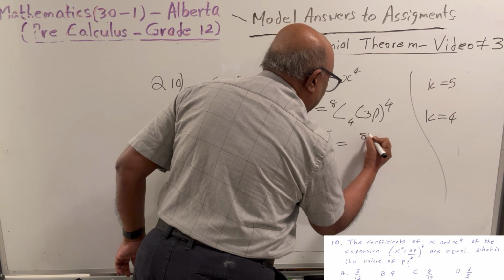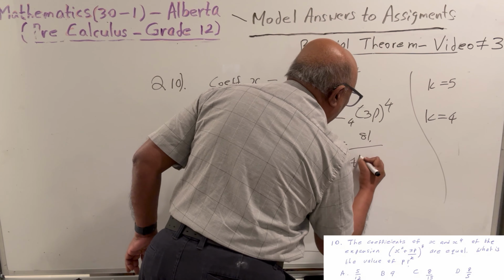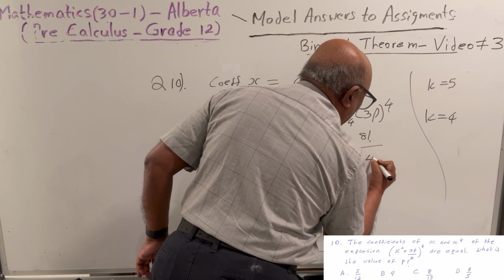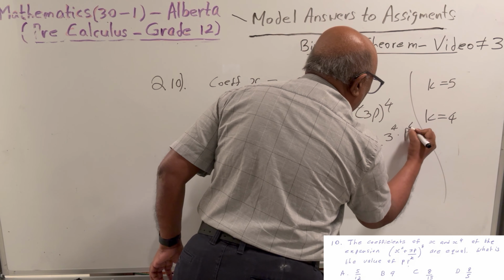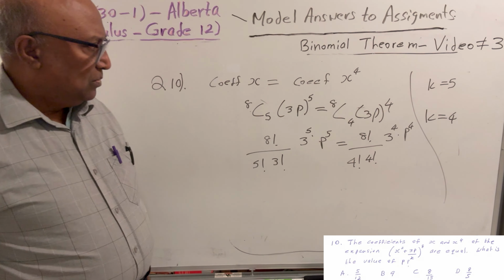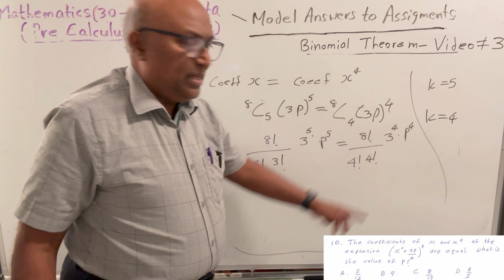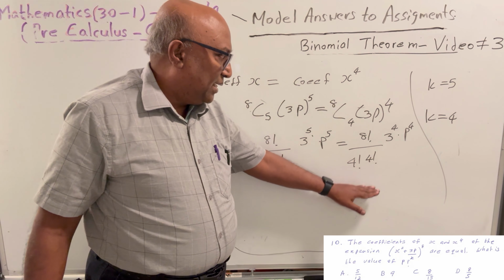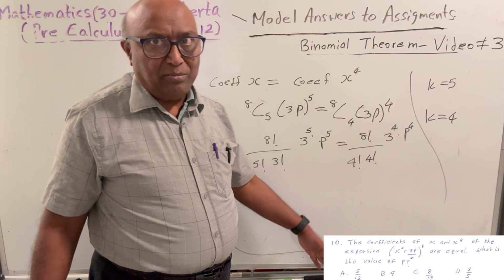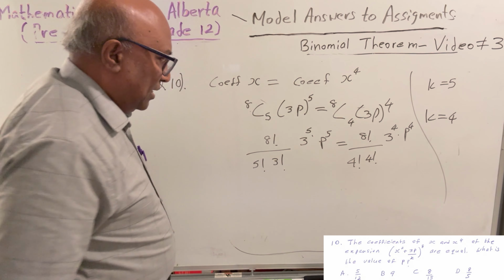This one is factorial 8 upon factorial 4 factorial 8 minus 4, times 3 to the power 4 times p^4. Now let's try to isolate p. I am writing this directly; you can figure it out later by writing some steps if you need.